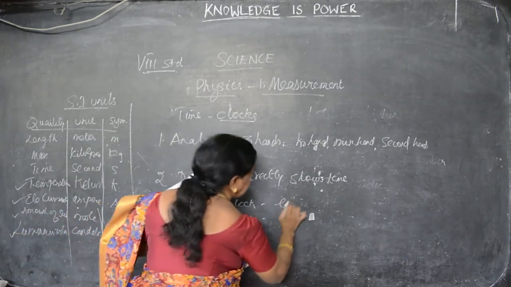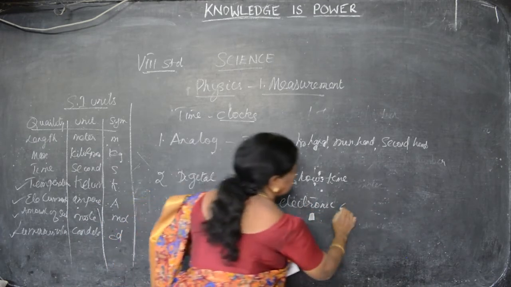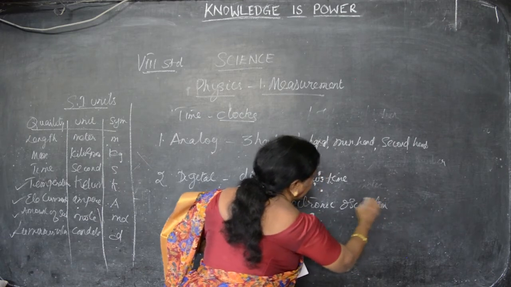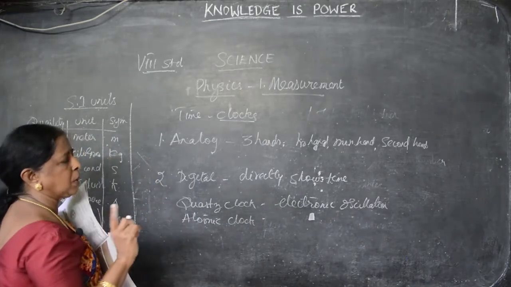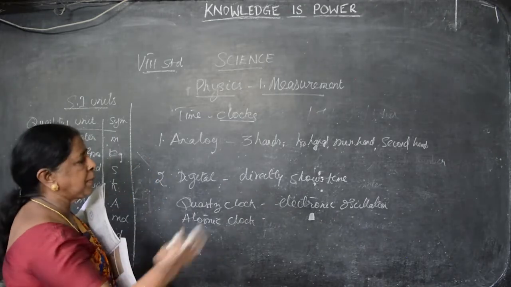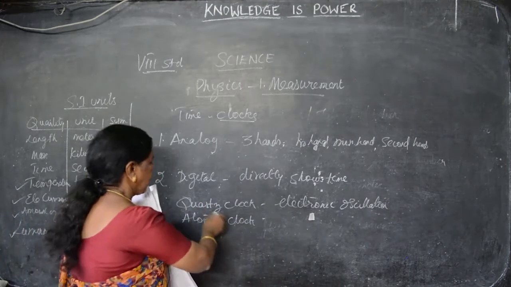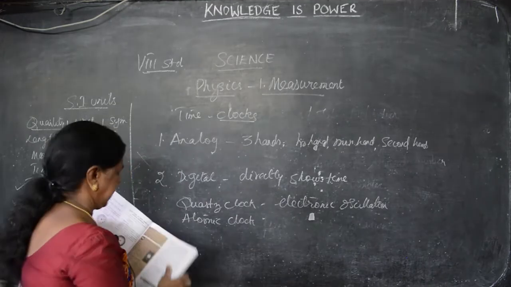A quartz clock works by electronic oscillation. What is oscillation? The to and fro movement of a pendulum or a clock hand is known as oscillation. The to and fro movement of the thing is the quartz clock. It is based on the electronic system.